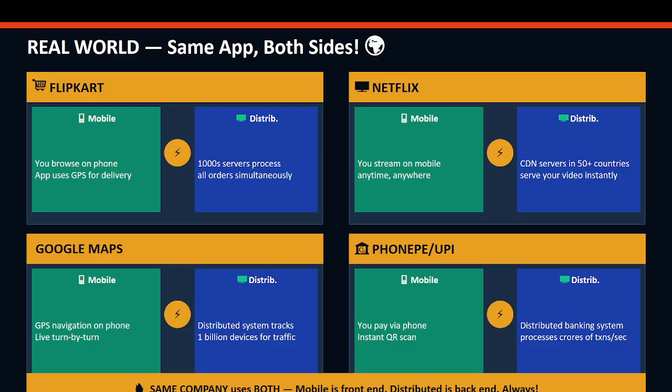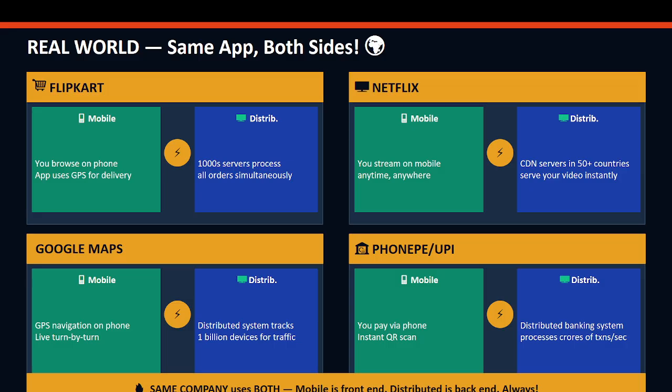Google Maps: your phone navigates using GPS. Google's backend, a distributed system, tracks 1 billion devices in real time for traffic updates. PhonePe UPI: you scan and pay in seconds. The backend, a distributed banking system, processes crores of UPI transactions per second with zero errors.